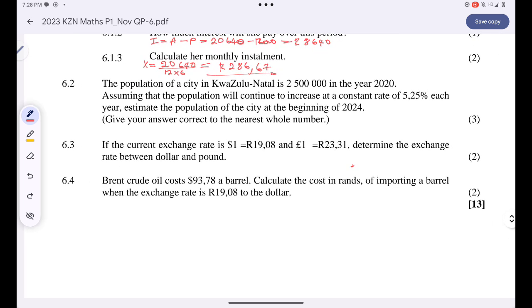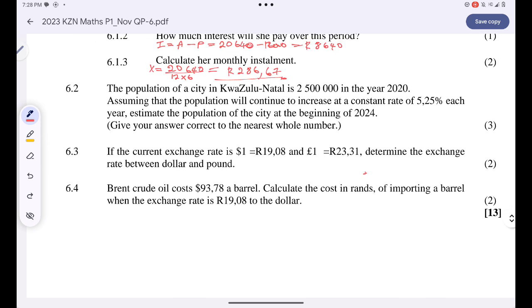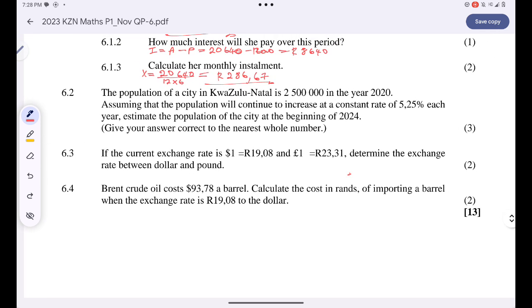The population of a city in KwaZulu-Natal is 2,500,000 in the year 2020. Assuming that the population will continue increasing at a constant rate of 5.25% each year, estimate the population of the city at the beginning of 2024. Give your answer correct to the nearest whole number.